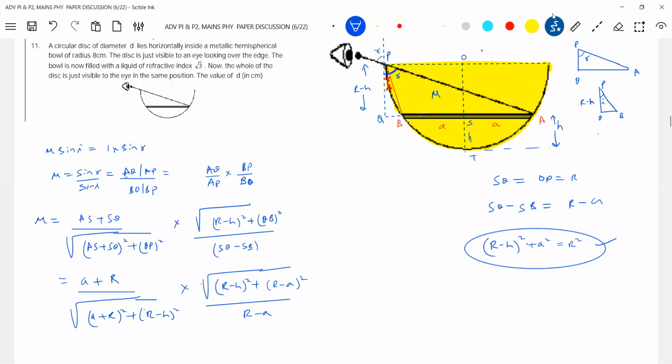Look at this equation, from where this equation is brought. So then neglecting the, now solving further, R square will get eliminated. So R square plus H square minus 2RH. Take care of this and solve it all.